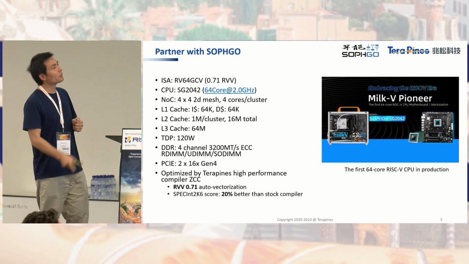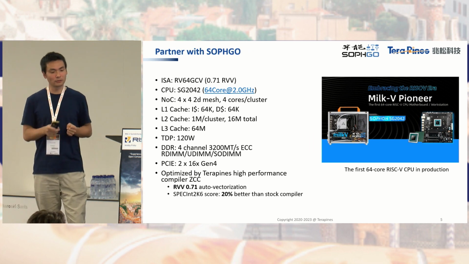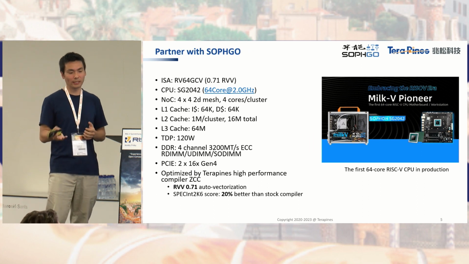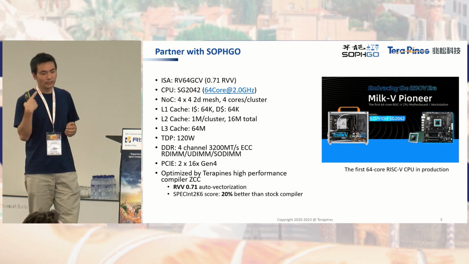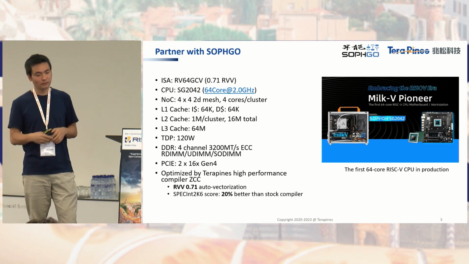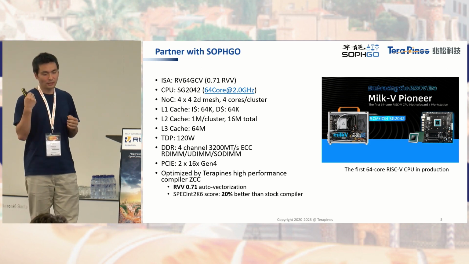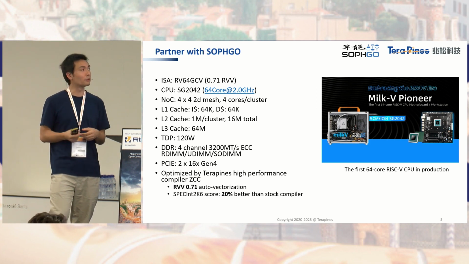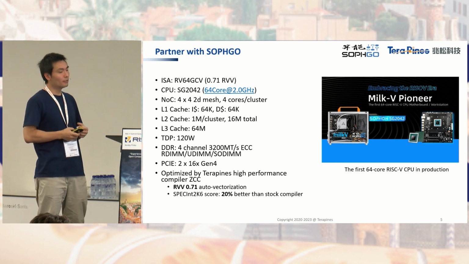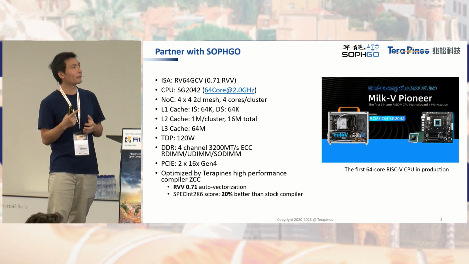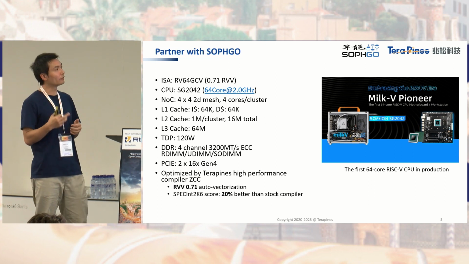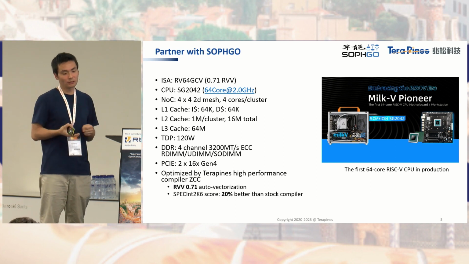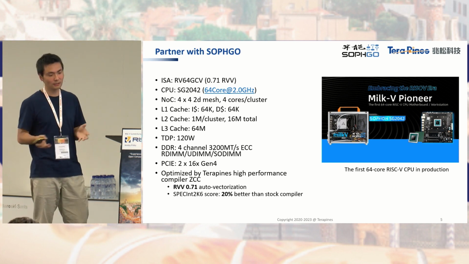Here, we have partnered with SoftGo, an AI and HPC company in China. I think they have released their first 64-core RISC-V CPU motherboard. We got a few evaluation boards in our office. The ISA for that board is RV64GCV with RVV 0.71. It's a mesh network with a 4x4 cluster.